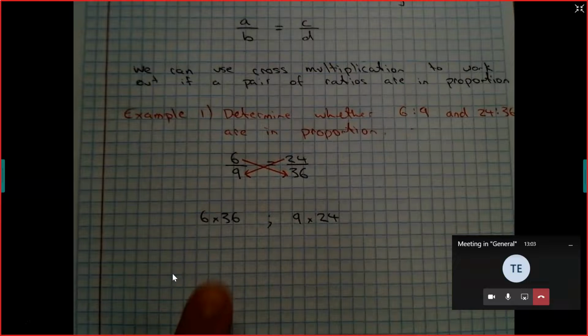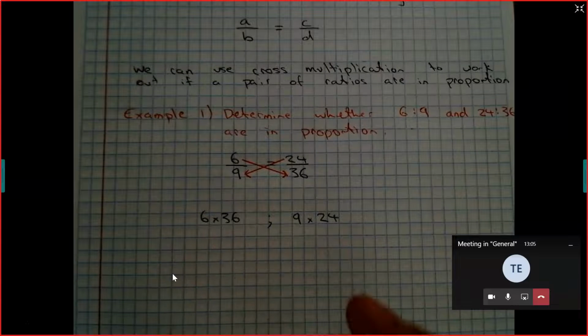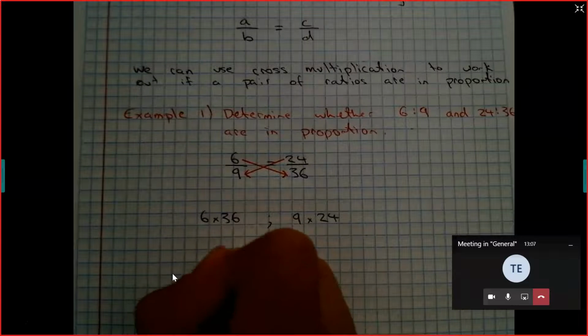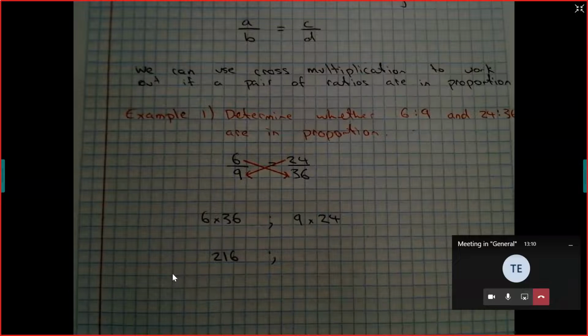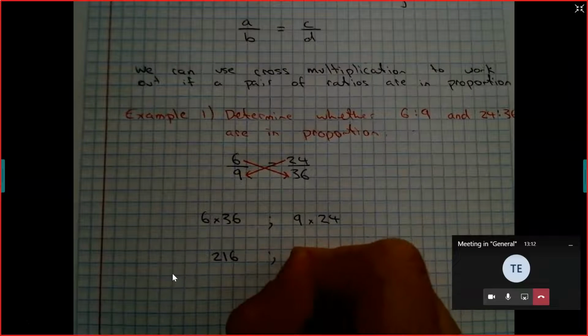So 6 times 36 gives me 216, and 9 times 24 gives me 216.